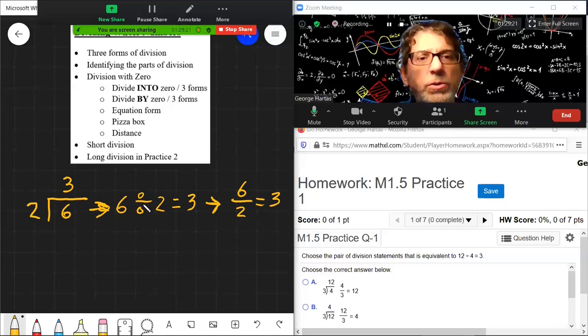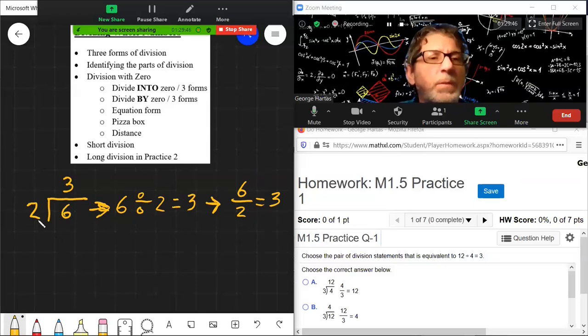Get used to all 3 ways. This we will cover more in Math 50. You will not see this much in Math 50, if at all. This is the method you will see mostly in this course and the early parts of Math 50. So 3 ways to represent division.